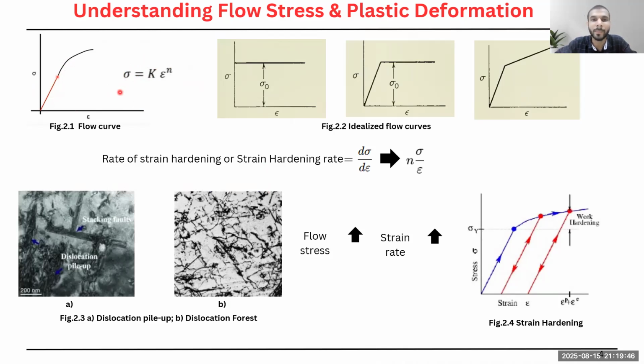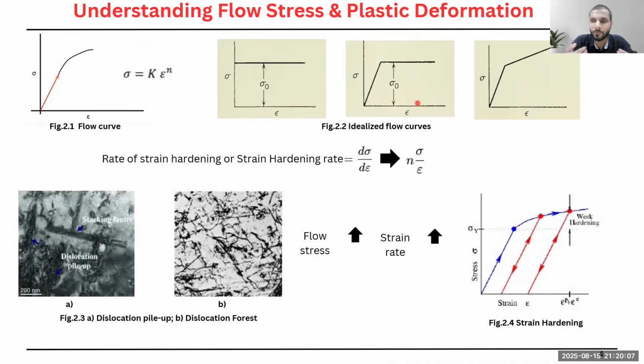It means it depends on which material you are deforming. Based on their values, there are three curves. The first one is the rigid ideal plastic curve, the second is the ideal plastic curve, and this is the strain hardened curve. For most metals, the value of n varies from 0.1 to 0.5.